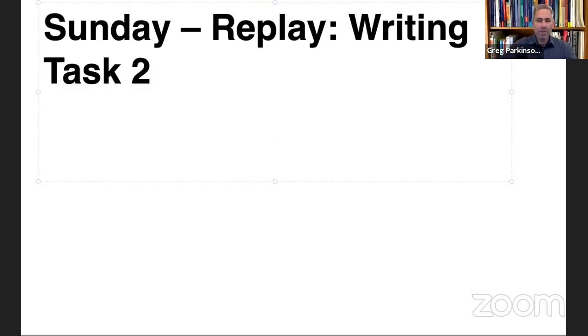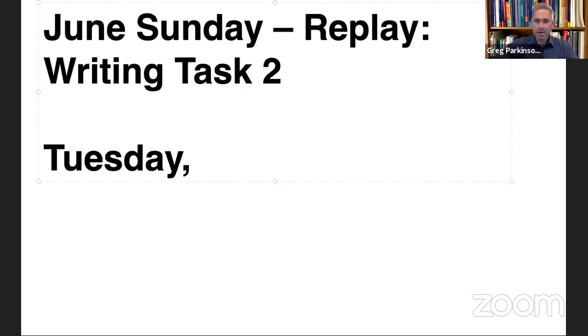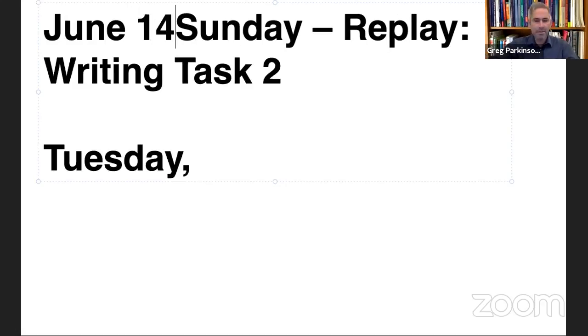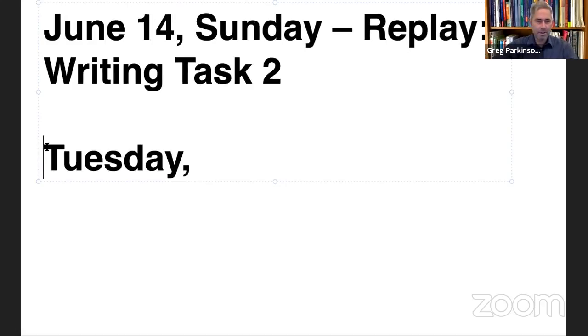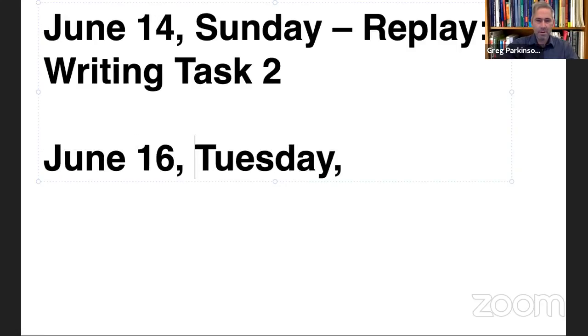We have our public webinar on Tuesday. I should put the actual date here. So that is June, what date is that? June the 14th. So then we have June the 16th. So that's Tuesday.